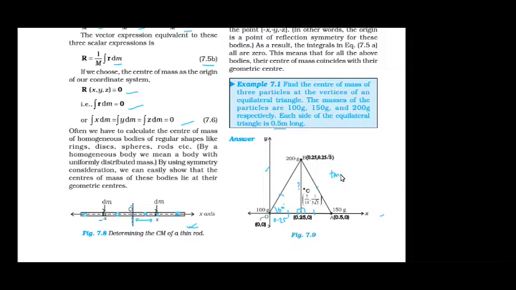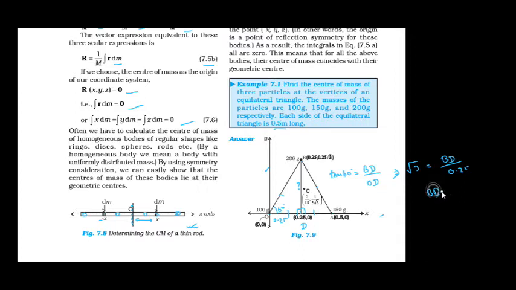We'll write tan 60 degree is equal to BD upon OD, which implies that root 3 is equal to BD upon 0.25.